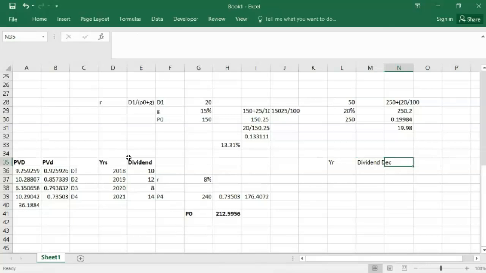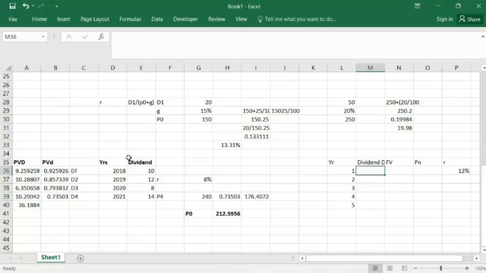The face value is given, the market price or the price at the end of the period, P of N, is given, and the rate of return expected from the market is 12%. So I can take year 1, year 2, year 3, 4, 5 years.